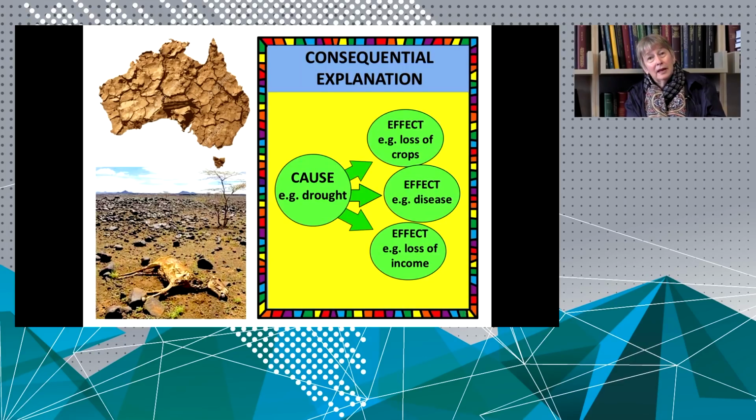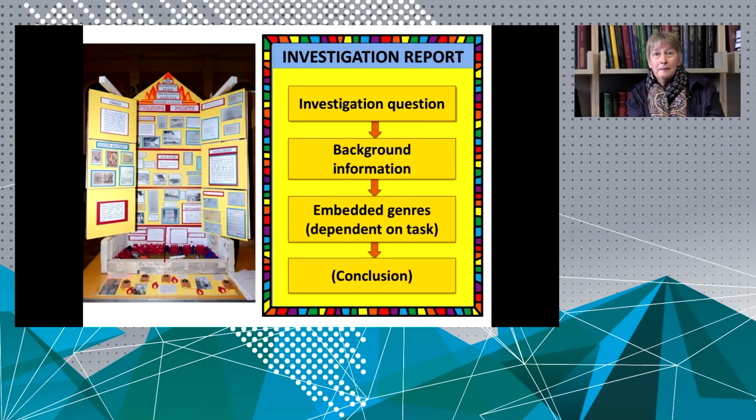Or it might be an explanation looking at the consequences of something. All of these are different purposes that they might come across in their different tasks, and therefore they're going to need to learn the different genres and the different language features needed.